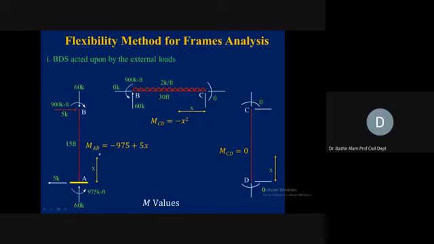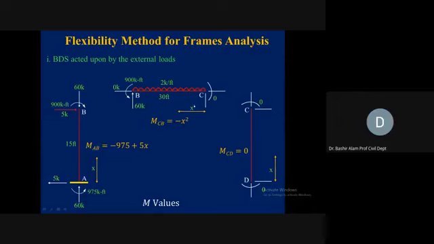Which one? Capital M values are what we are generating now. We already discussed MBC. The origin was C, so this is minus. Why? Because when it starts bending clockwise here, it will cause tension in the outer fiber. So minus comes from there, and it is 2 times x divided by 2.